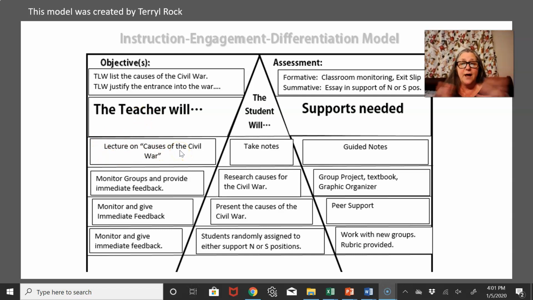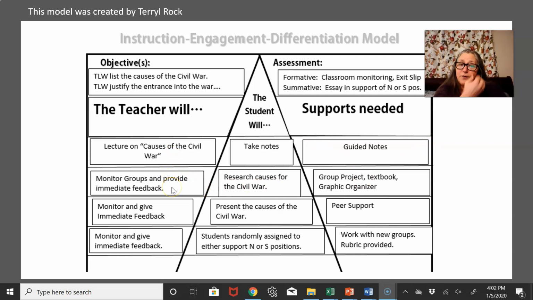That's very teacher centered, very input oriented. The student will be taking notes. So they're engaged, but they're listening, they're writing things down. You can support them with guided notes. So teacher does, student does, what kind of support could you give?